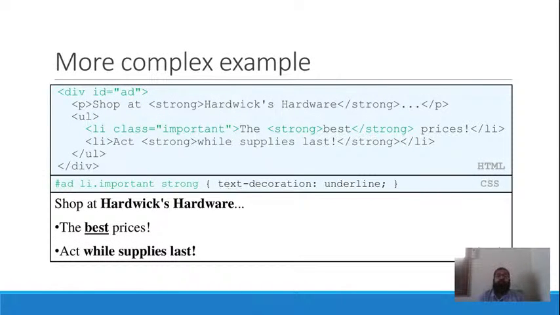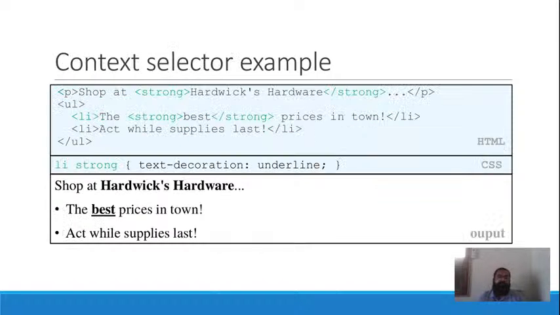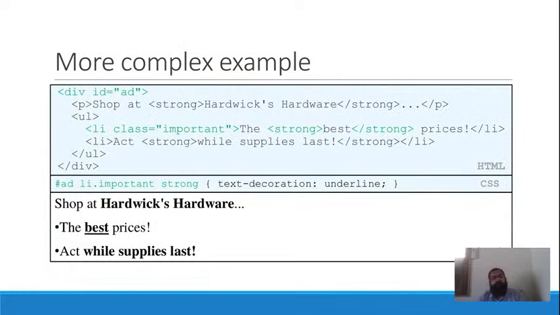And this is a more complex example of the context selector. So it has #ad li.important strong. So if it has an id called ad, then it should contain an li with important. Important is the class that you have used, it's not the id. So it is very important that you understand what this dot important is.